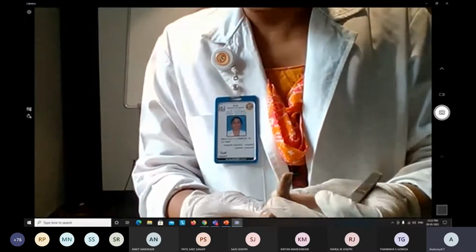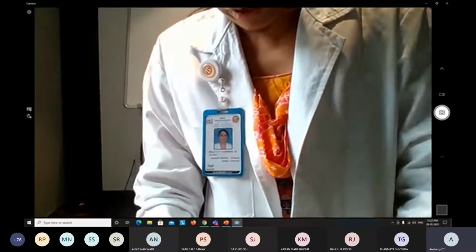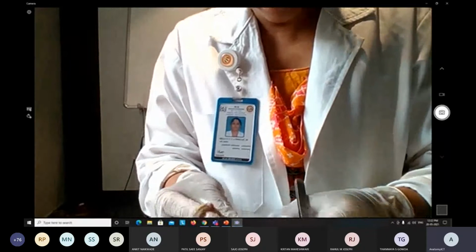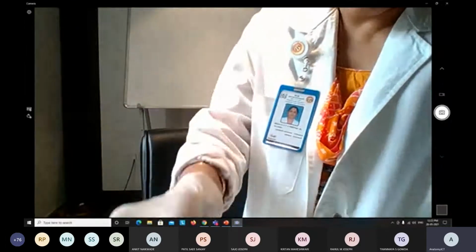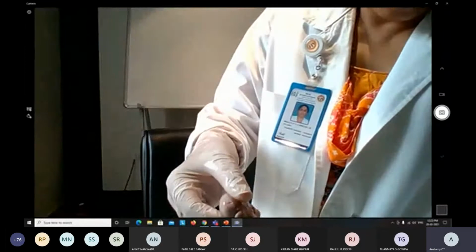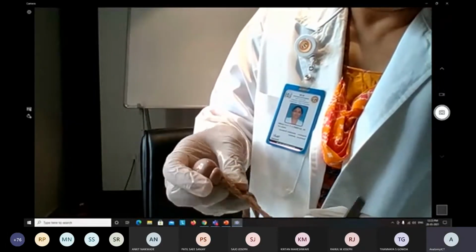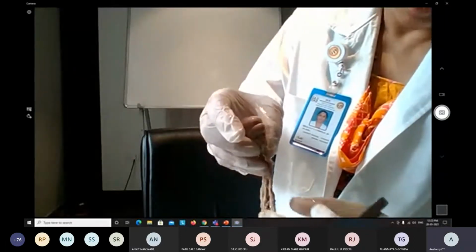Now I told you about the spermatic cord, right, coverings. What are the contents in the spermatic cord? So if I can just show you here, all the contents are dissected here. So you have to identify these structures in the spermatic cord.